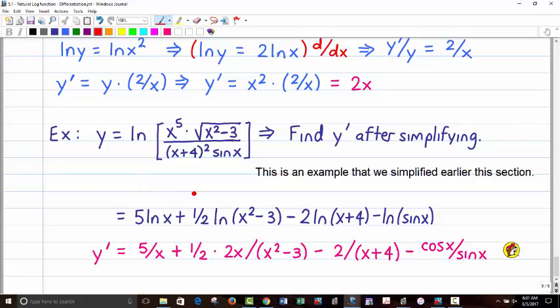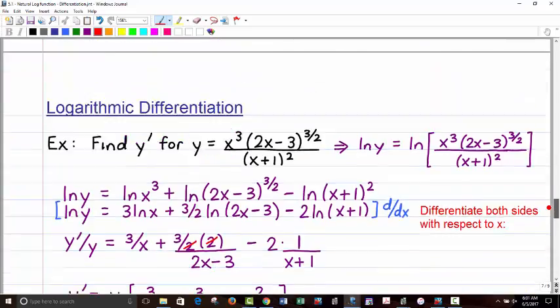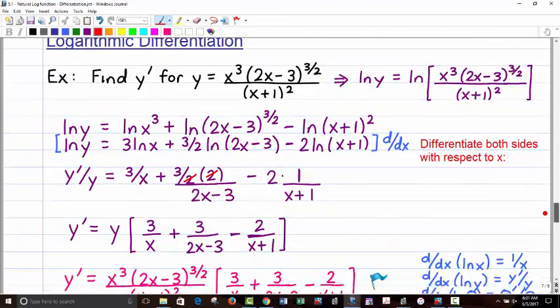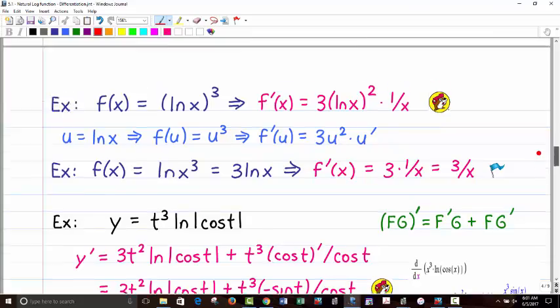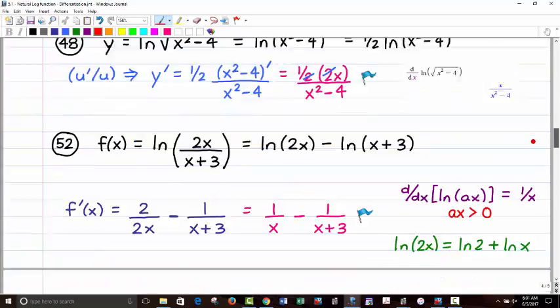This is the example we had earlier. Let's go back up here and show you. Oh, no, it was only simplifying. Where'd it go?